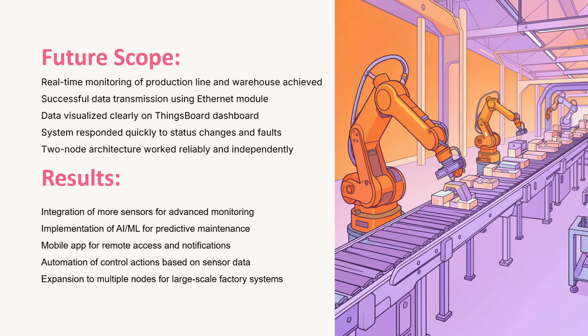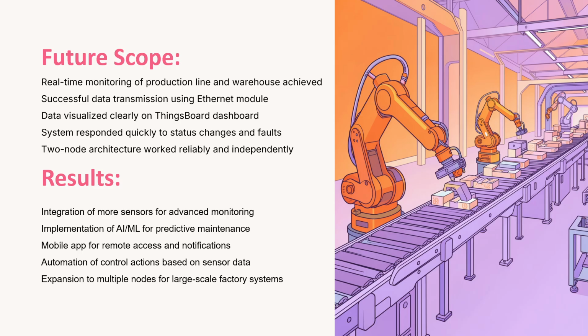The system can also be expanded to support multiple nodes across a large factory. Another improvement is automation, where more actions can be automatically controlled without human intervention. Security features like data encryption can also be added. So this project has a lot of potential for future development.